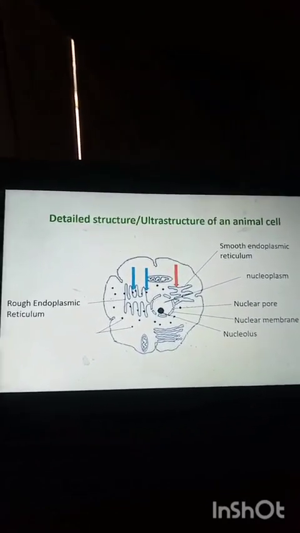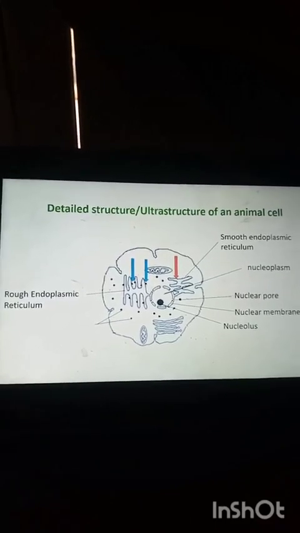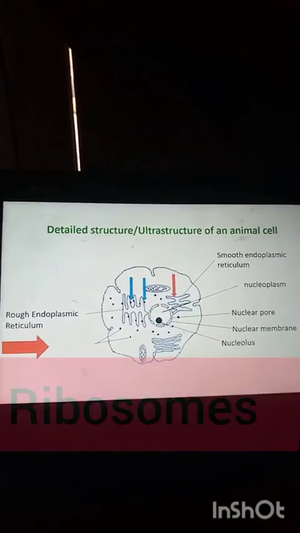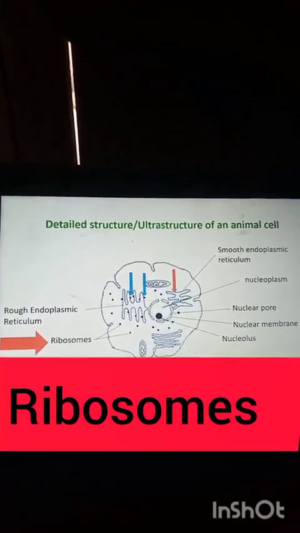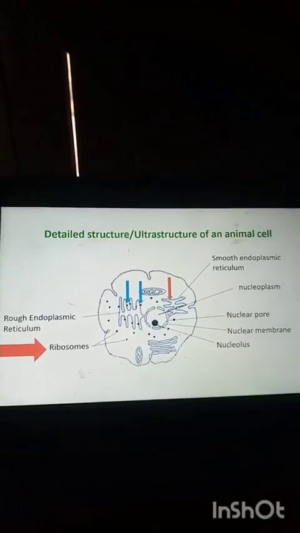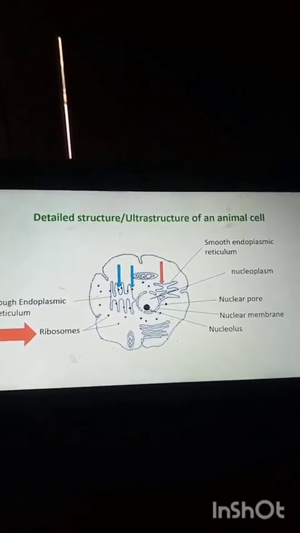That's the difference between these two. So what are these pores? These pores are actually the mitochondria, I mean ribosomes. These are the ribosomes.